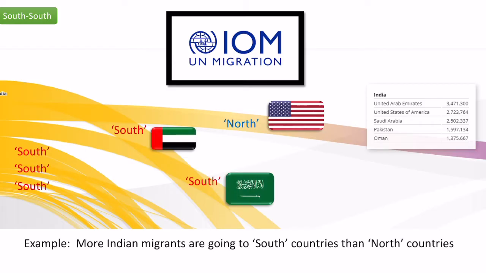We can see that most of the other places that they're going to are in the global south, so places like the UAE and Saudi Arabia, and overall, out of those top 5 or 6 locations, more Indian migrants are going from India in the south to another south country rather than to a north country like the USA. And I put some figures there on the right to give us some AO1 knowledge off the back of that.